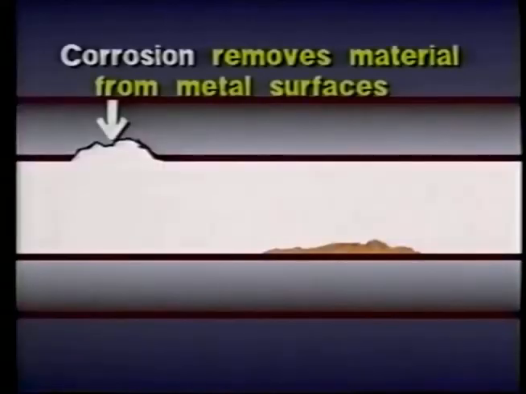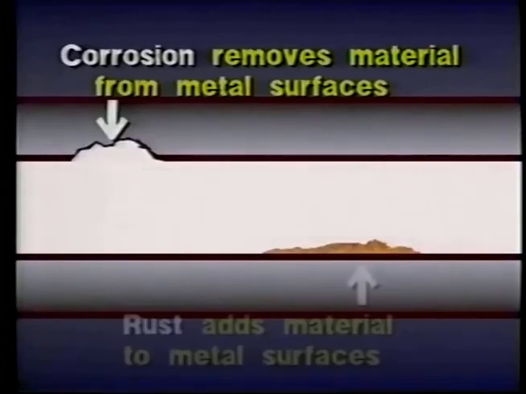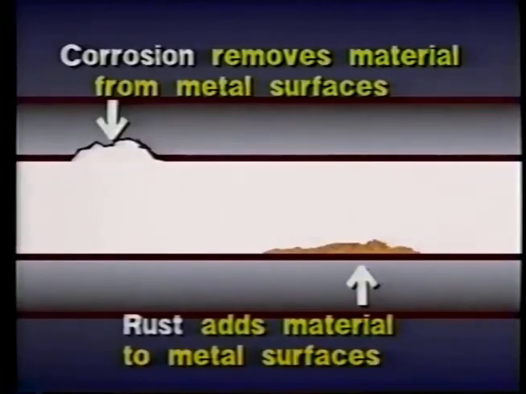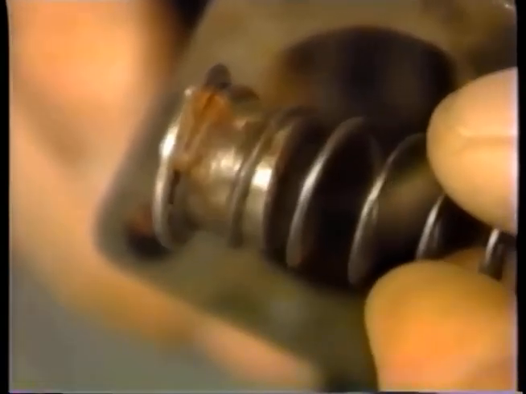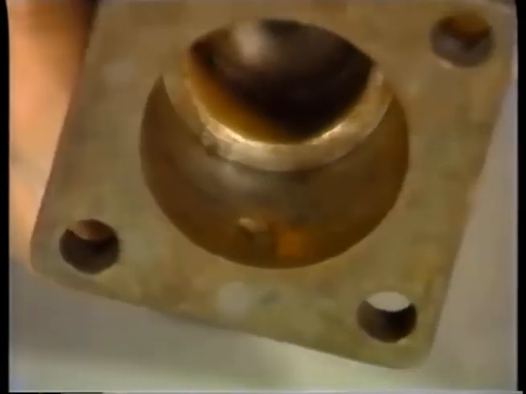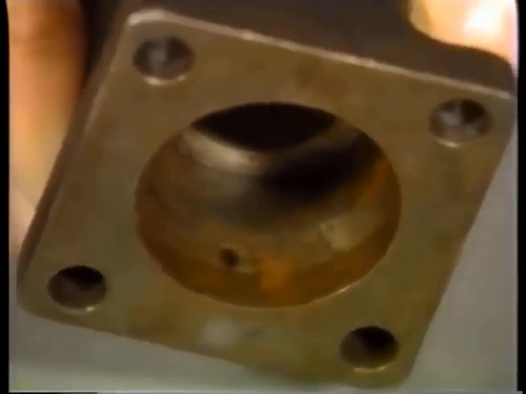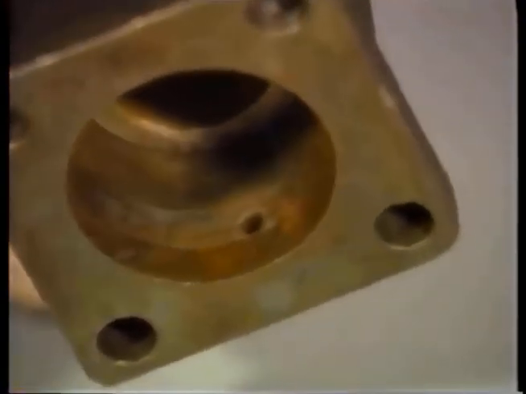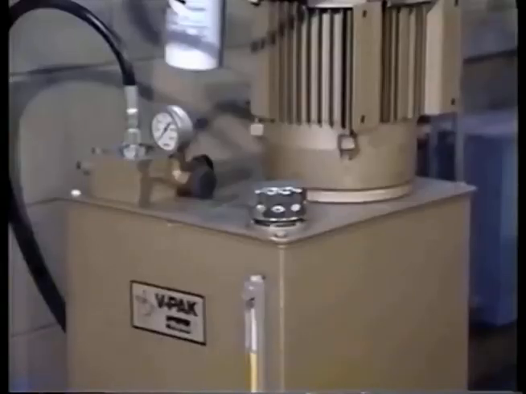While corrosion removes material from metal surfaces, rusting adds material, and it often interferes with the operation of components. A buildup of rust on the inside surfaces of a valve, for example, may keep it from operating smoothly and can even prevent it from operating at all. Rust is usually formed when water condenses on exposed metal surfaces.